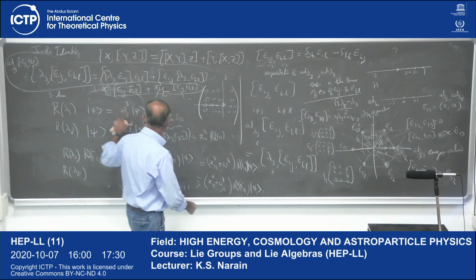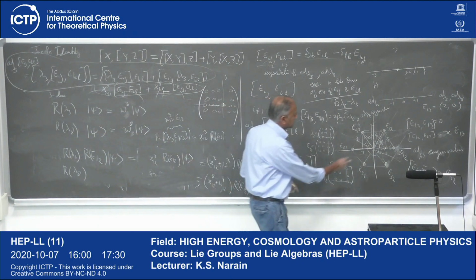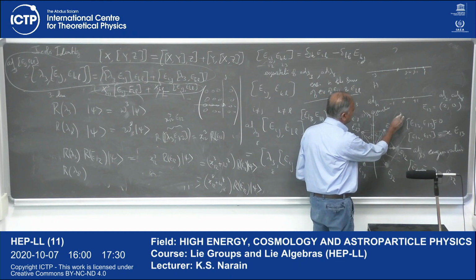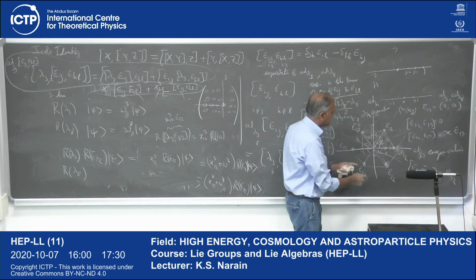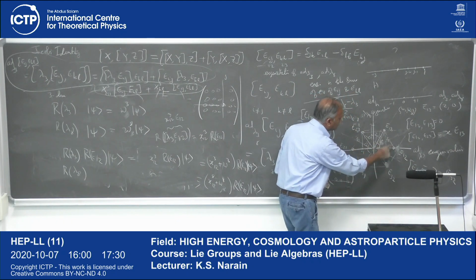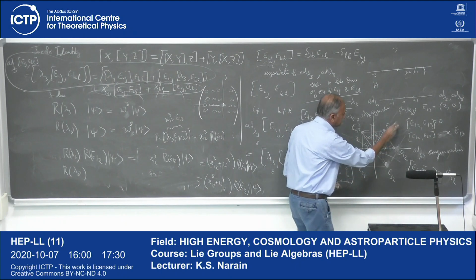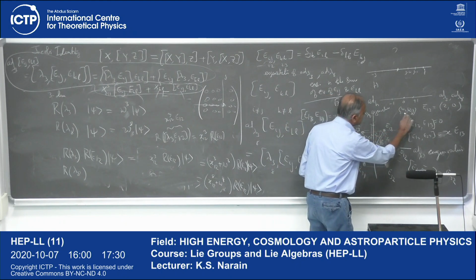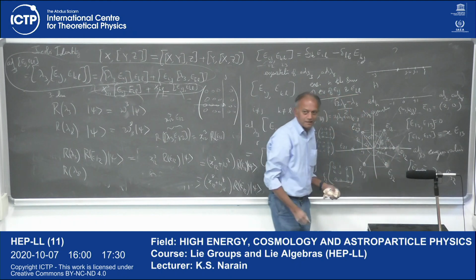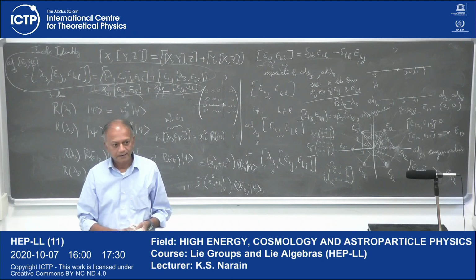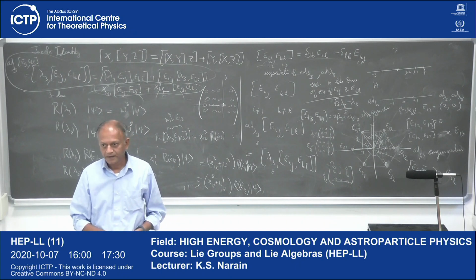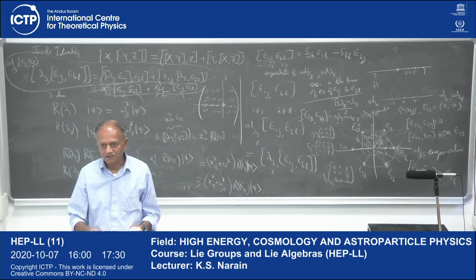If you draw this W3 and W8 as some point, for example, let's suppose W3, W8 was some point here in this picture, then when R_E12 acts on that state, the result will be another state where you just add this vector to that. So this kind of diagrammatic approach simplifies a lot when you try to study how things act in various representations.